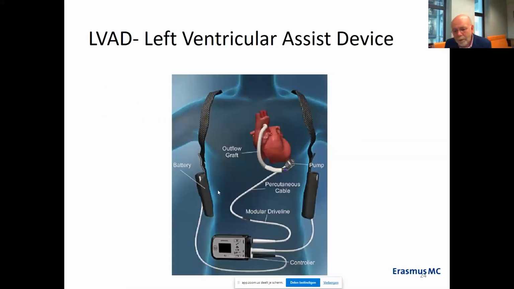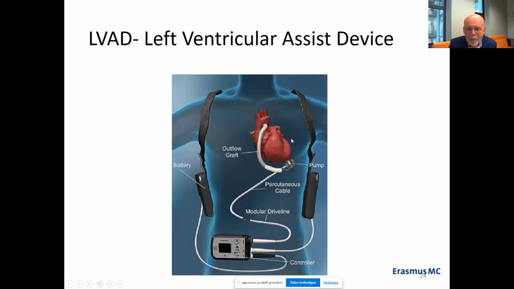Besides the paper that we published sometime in 2022, we are currently also working on LVAD driveline infections. If someone's heart is failing in the left ventricle, a pump can be placed, and this pump takes over the function of the heart because it will pump the blood into the aorta via this pipe.